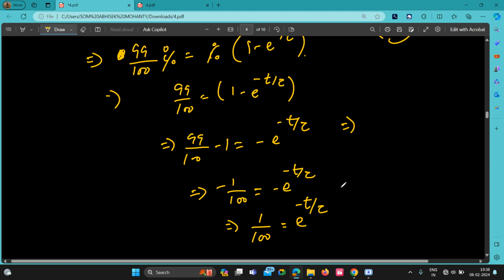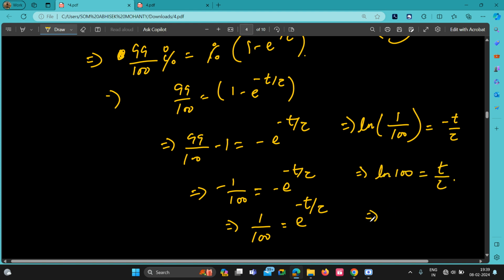Take the e to the other side, it will become ln. So minus ln 100 is equal to minus t by tau.